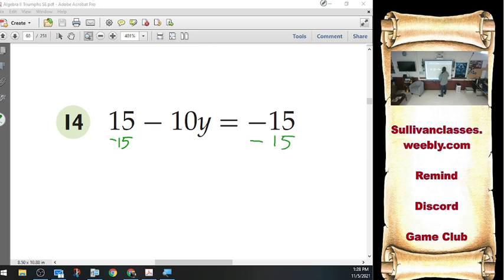Subtract 15 from both sides. Get that y term by itself. I like that we remembered the negatives still with the 10.